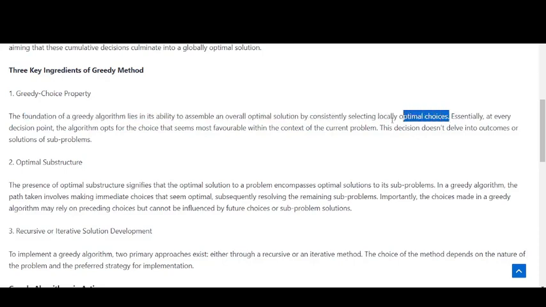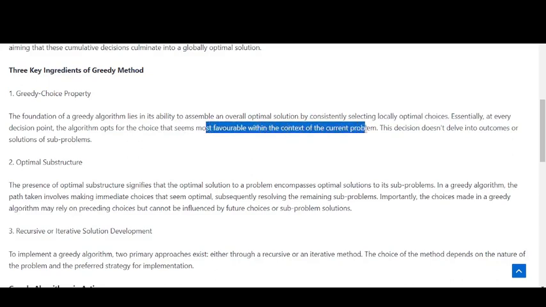So this has to be available. The locally optimal choice criteria should be available at the moment. At every decision point, the algorithm opts for the choice that seems most favorable within the context of the current problem. That means you should be able to apply the greedy choice.